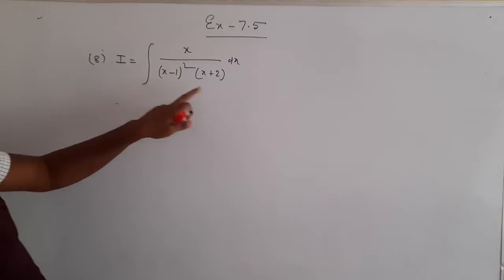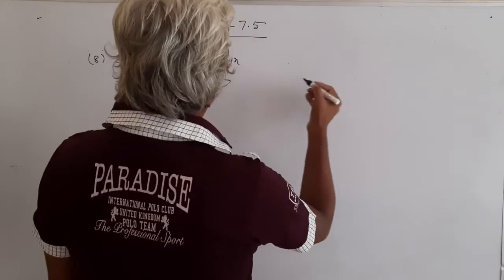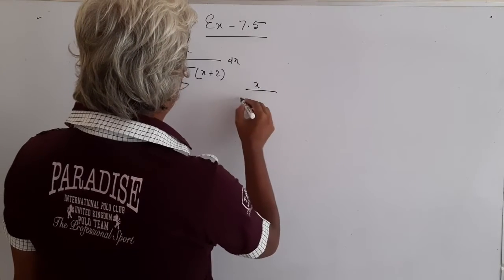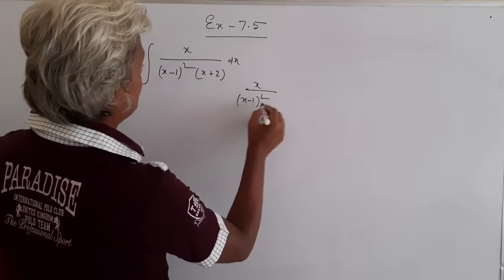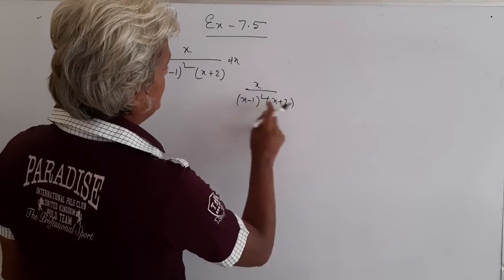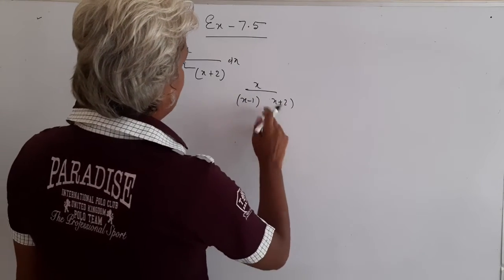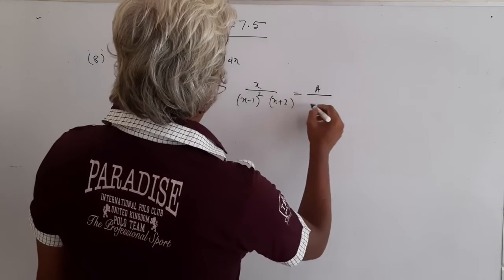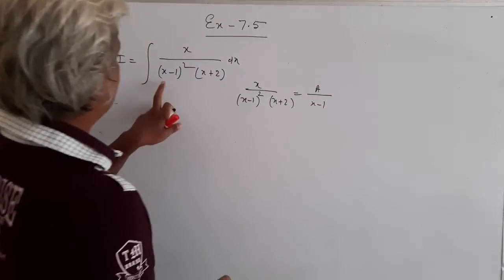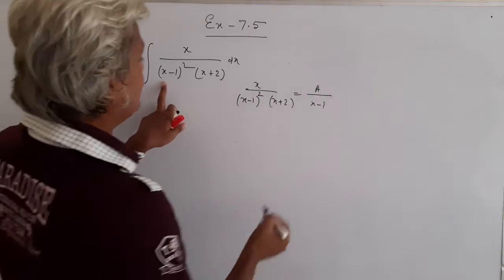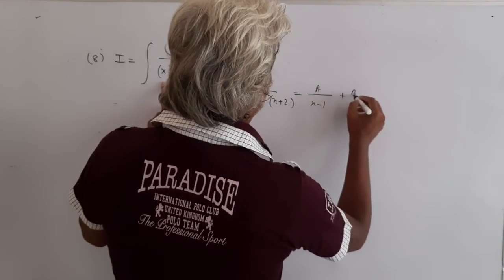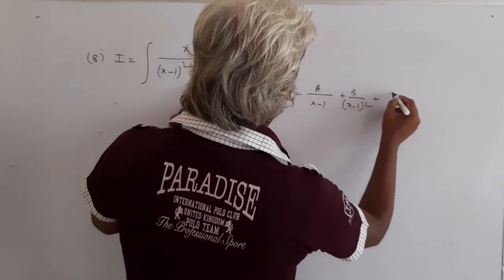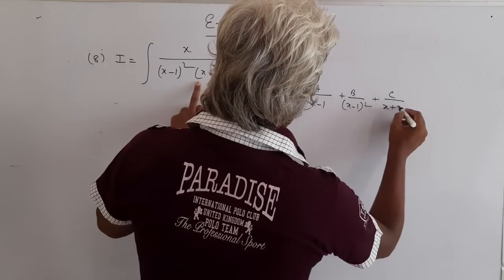Now in this form you need to write this whole thing as, I am just going a little faster, x over (x minus 1) whole square (x plus 2) equals a over x minus 1, then for the second time b over (x minus 1) whole square, plus c over x plus 2.